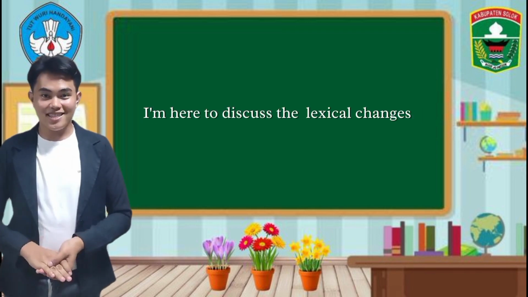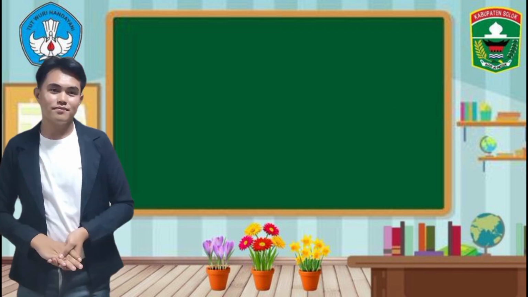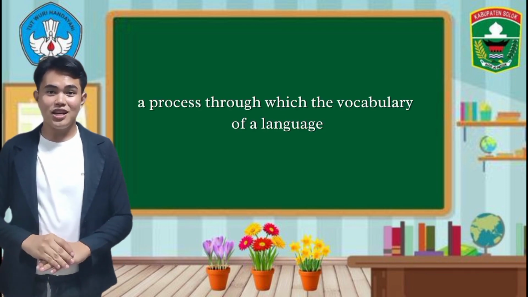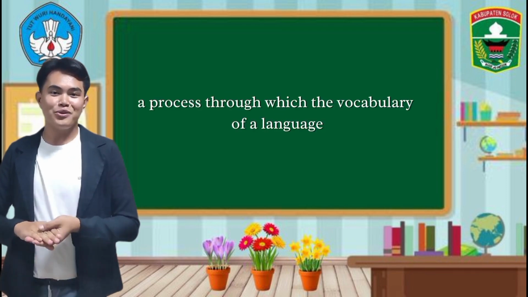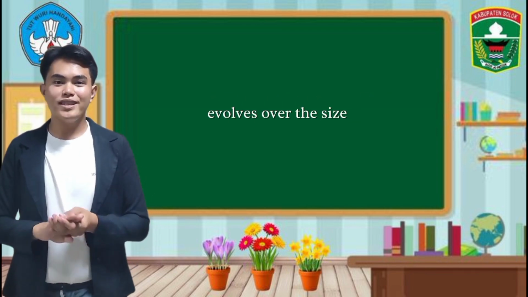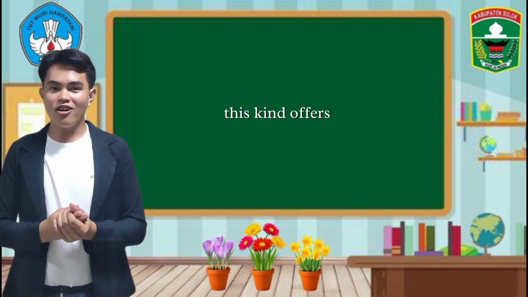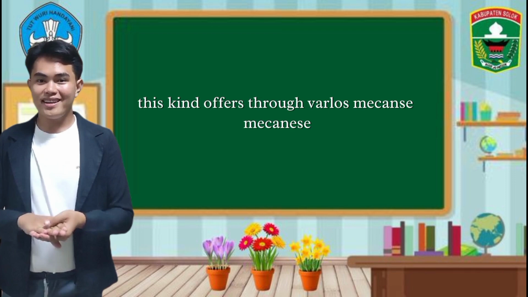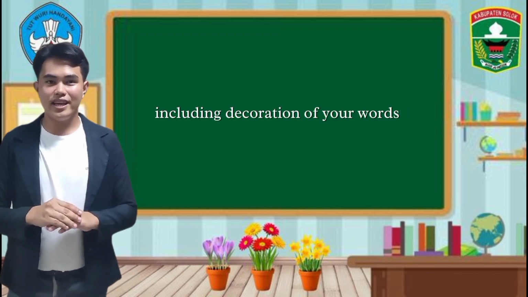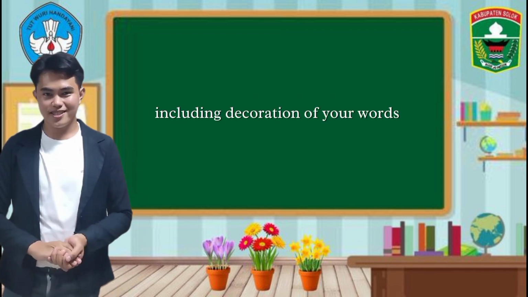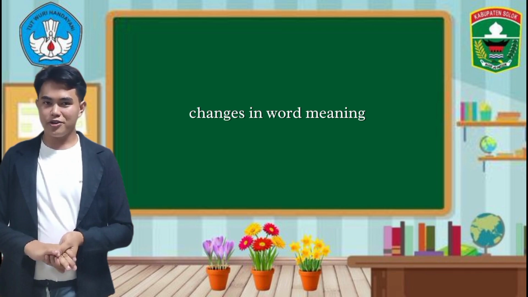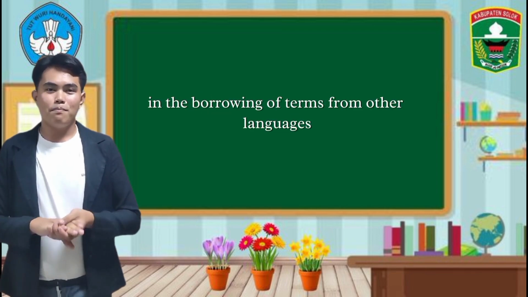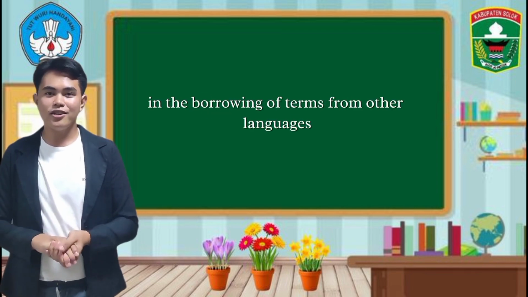I'm here to discuss the lexical changes, a process through which the vocabulary of a language evolves over time. This can occur through various mechanisms including the creation of new words, changes in word meaning, and the borrowing of terms from other languages.